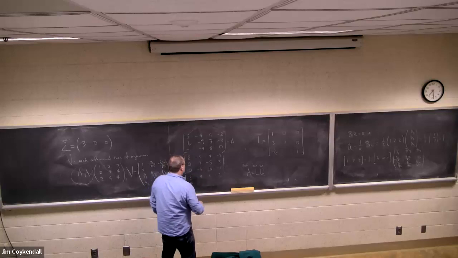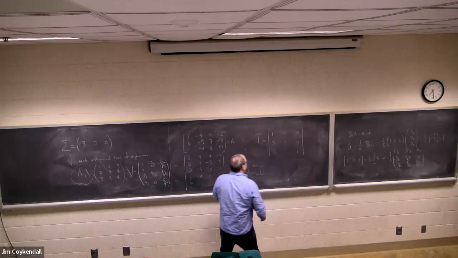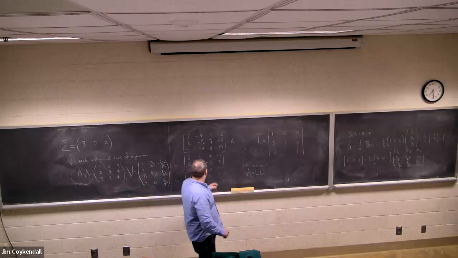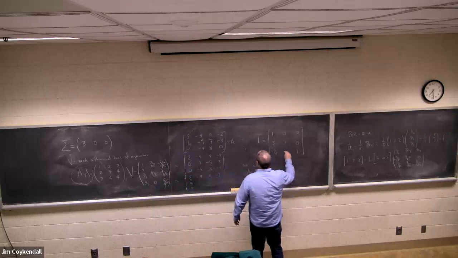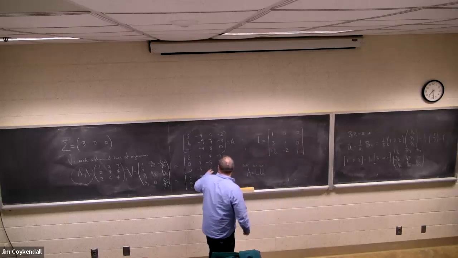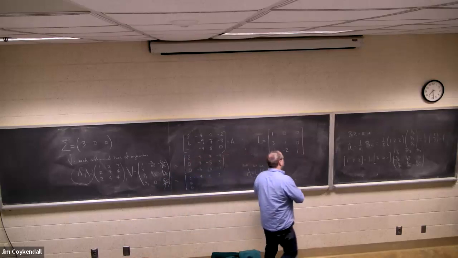Right, so what should my next column here be? It should, because it's the next pivot, so it should actually be 1, -2. And then I've got no choice for the rest of it, so I've got my L.